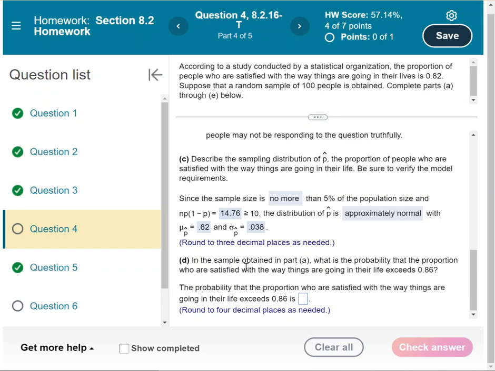It says, in the sample obtained in part A, what's the probability that the proportion who are satisfied with the way things are going in their life exceeds 0.86? So basically, we want the probability that p hat is greater than or equal to 0.86. Exceeds would mean greater than or equal.